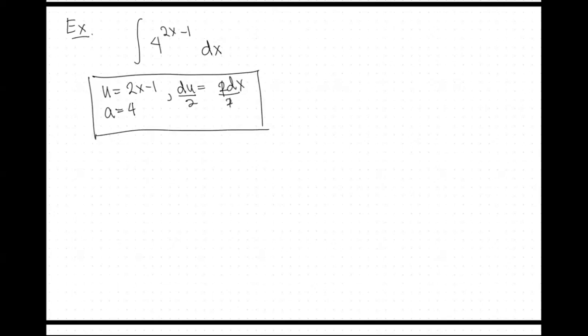Okay? So we write this as follows. So this is 4 raised to u, and then dx is du over 2. So let's put the 1/2 outside. Now this is easy. So this is 1/2 times 4 raised to u over ln of 4 plus c.